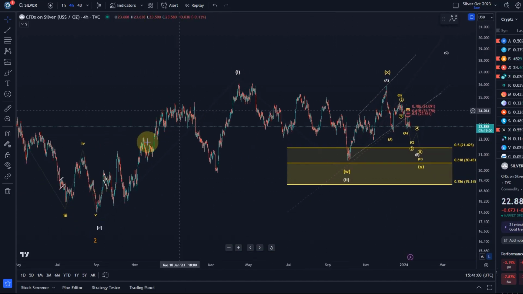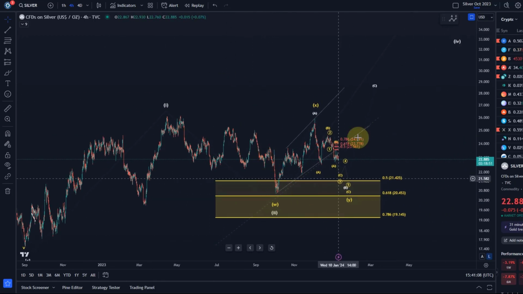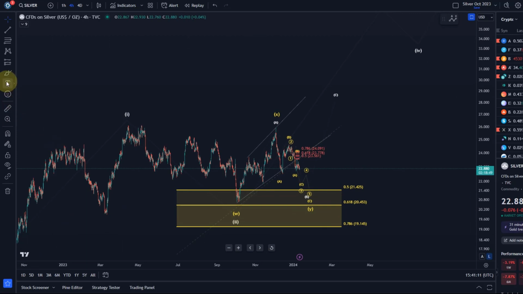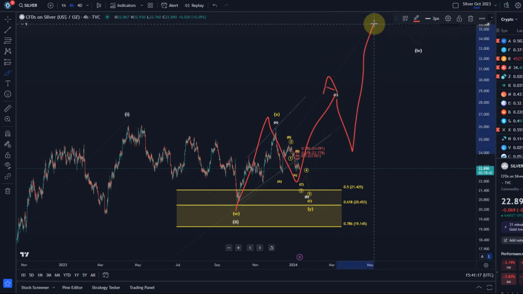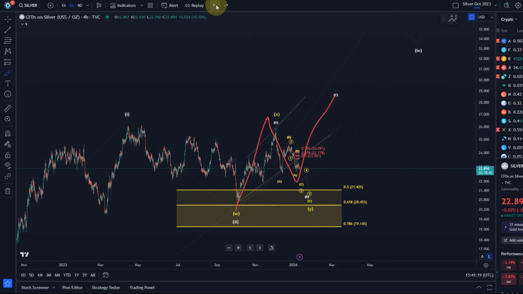So this could indeed be an ABC structure in wave 1. This move down as well, and then the third wave would also be an ABC, in which this initial ABC structure could form a larger A. We do a larger B and C, so it will not be an easy way to the upside.